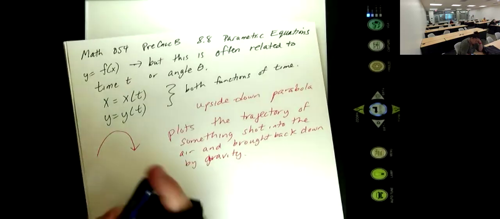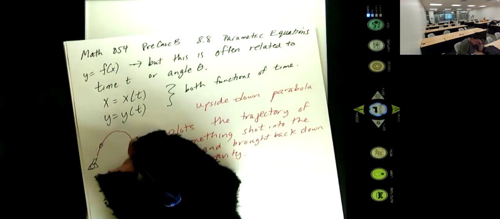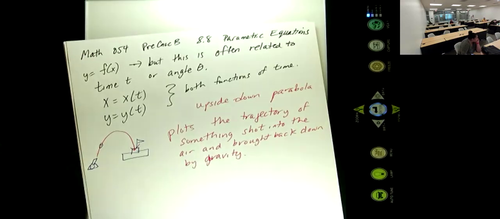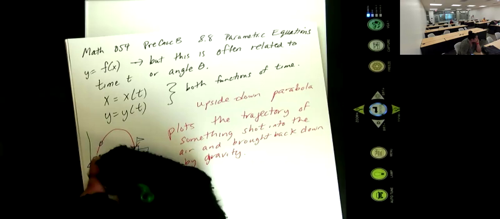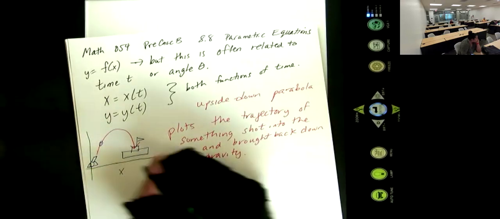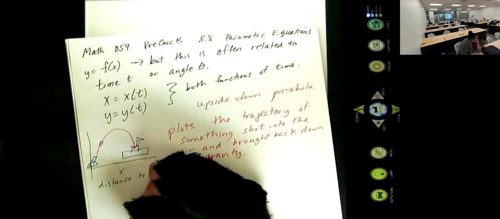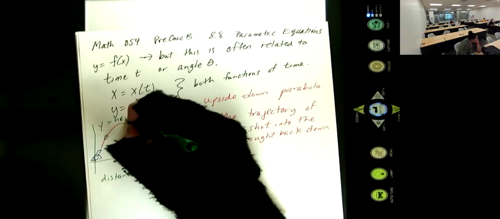Let's say this is a little cannon and we're firing a cannonball and we're trying to hit a fort. So the way we generally do this is we will have this on the x and y axis, where x is the distance to the fort and y is height of the ball, cannonball.